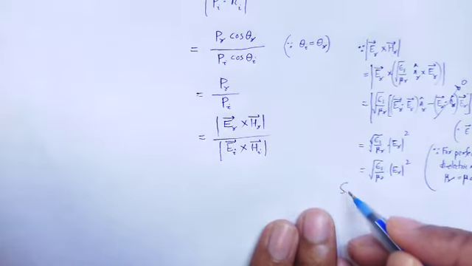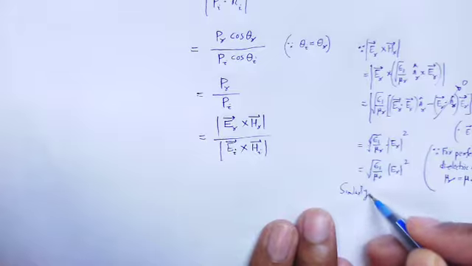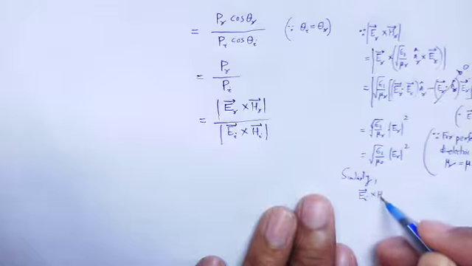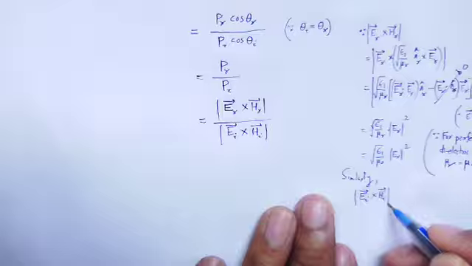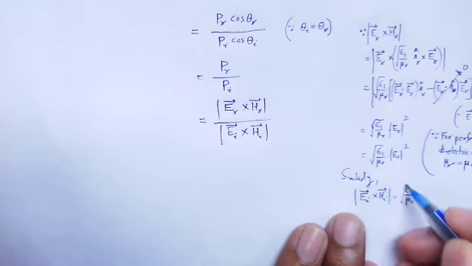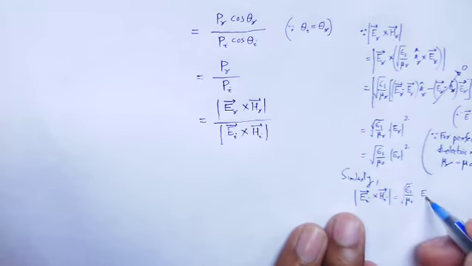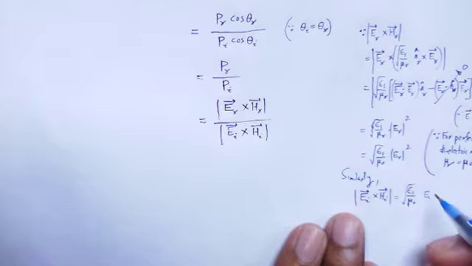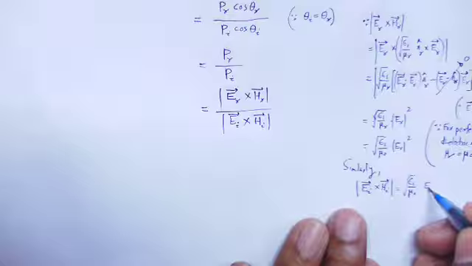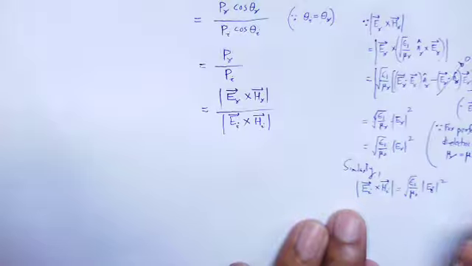Similarly, the value for E I vector cross H I vector magnitude is nothing but epsilon 1 divided by mu naught under root, E I incident magnitude square. For the amplitude term, we can use E 0 R, that is E I magnitude.